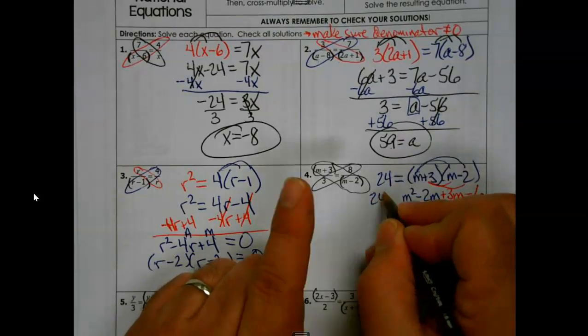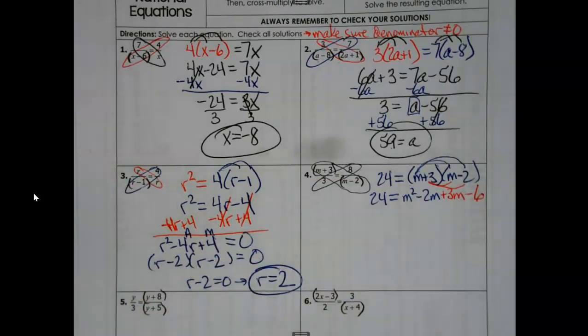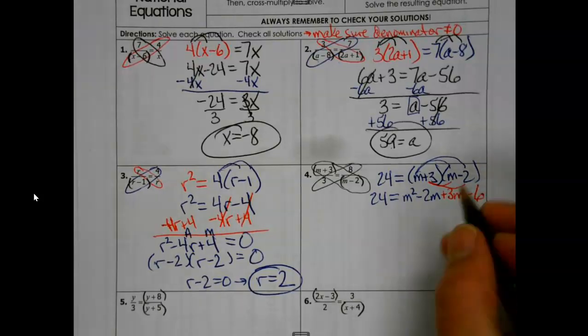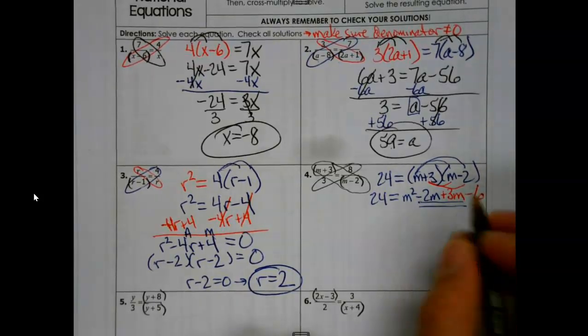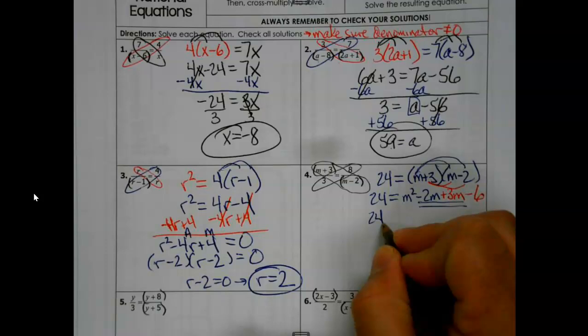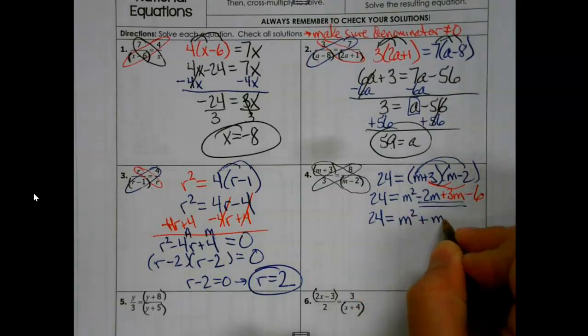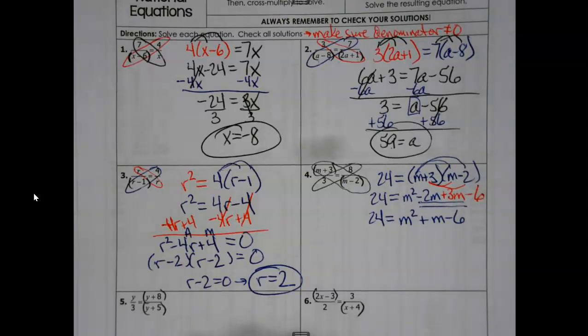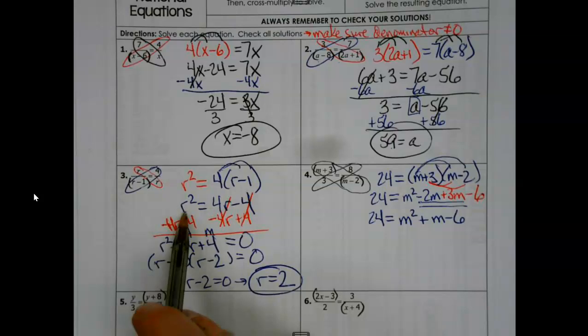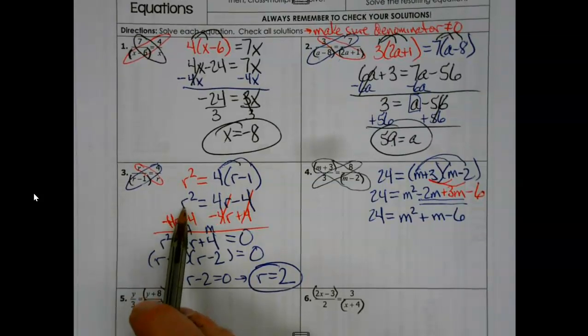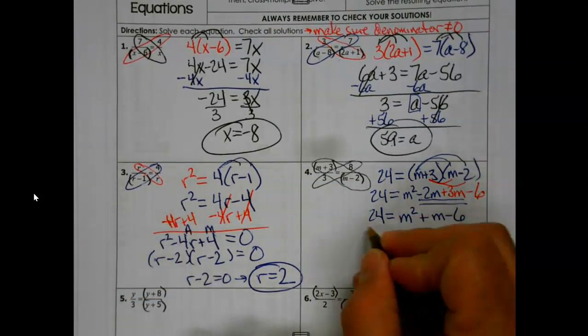If you can do that in your head and combine like terms and do it all in one step, that's fine. But otherwise, get those comboed up. Just like we had over here, if you have a squared term, everything needs to be over on the squared side.